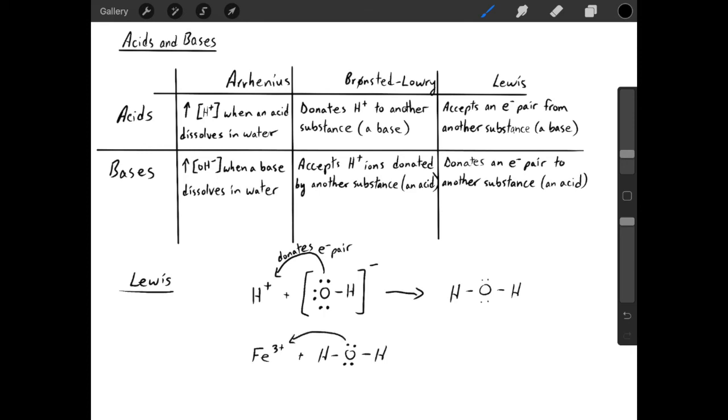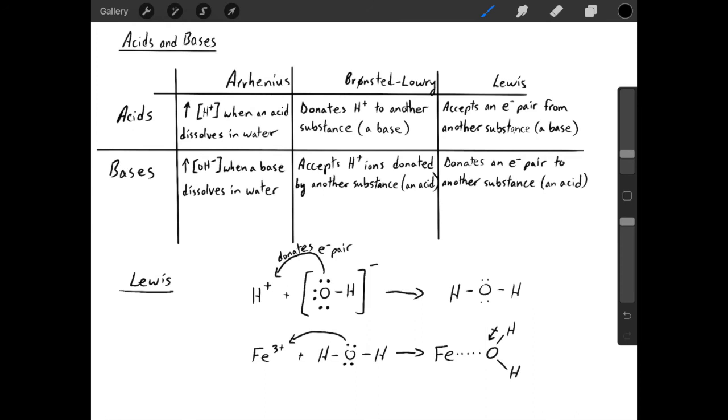So the iron 3+ ion acts as a Lewis acid, and it reacts with water with its two lone pairs of electrons, and that water is going to act as the Lewis base, and you make a complex. Because the iron is pulling some of that electron density away from the oxygen, it causes the oxygen-hydrogen bonds to become more polar.